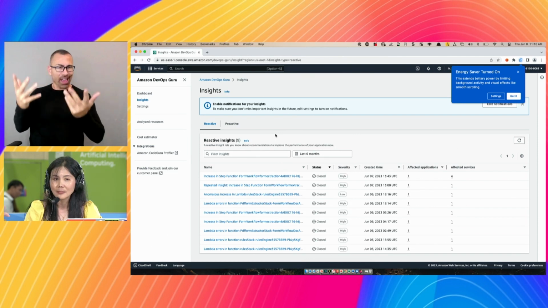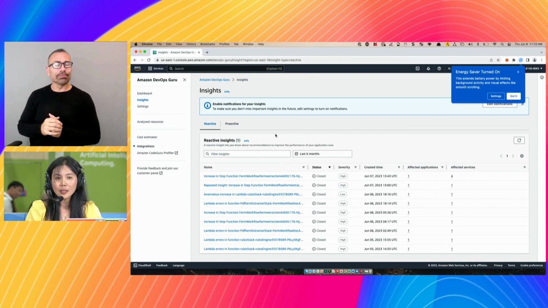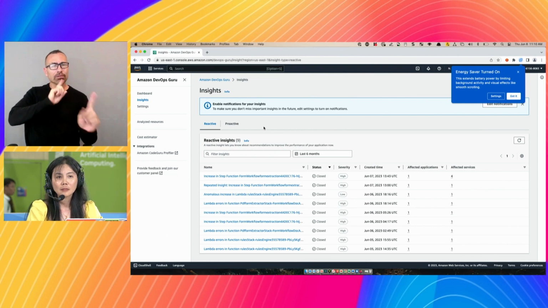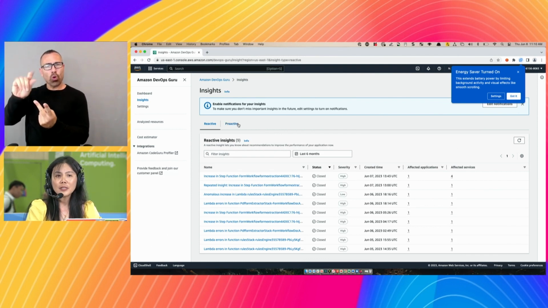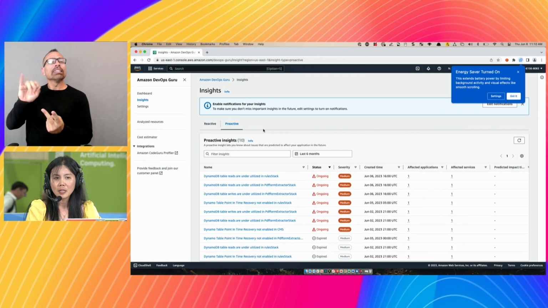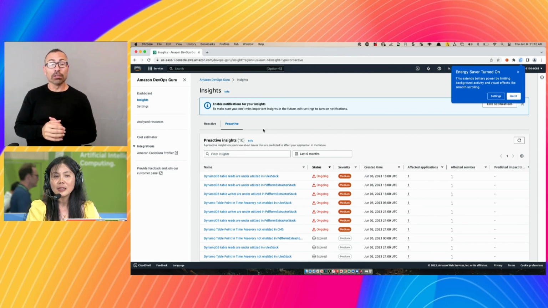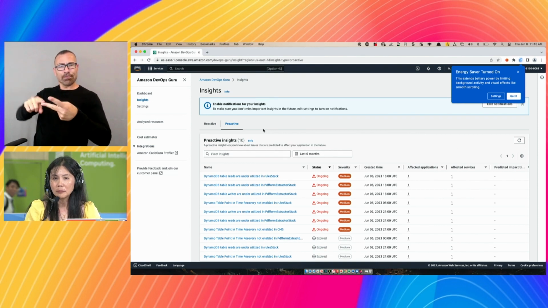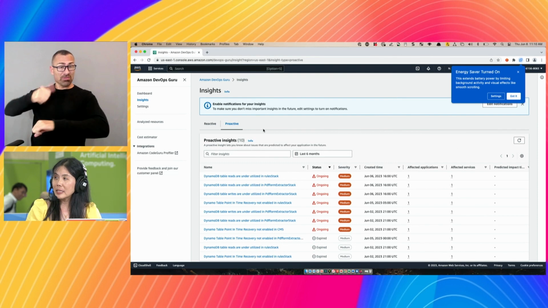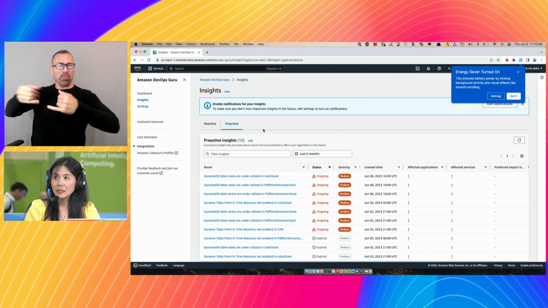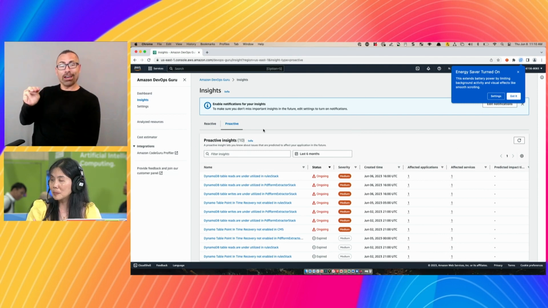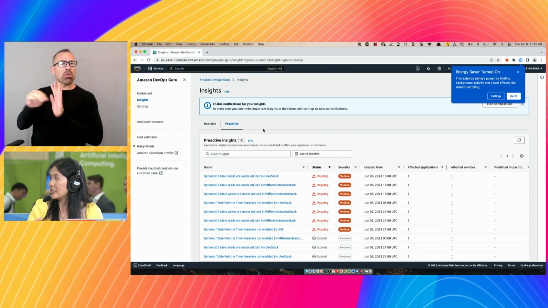Now, I see reactive and proactive. Could you give me an example of what a reactive insight would be and a proactive insight? Yeah, proactive insight, let's talk about that first. The proactive insight is something where the model baselines the data, sees an anomaly, and detects that this could be a problem or could save money in the future.